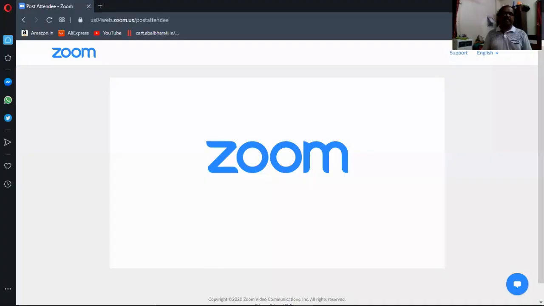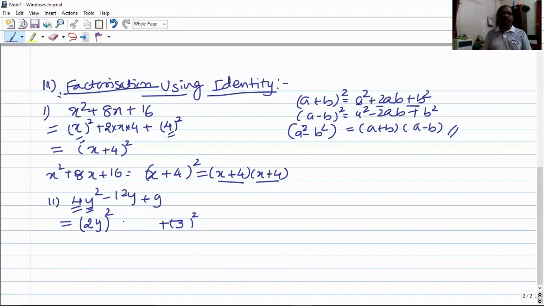So I can say that a square is (2y) square and b square is 3 square, meaning a equal to 2y and b equal to 3. Can I write this 12y as 2 into 2y into 3? What is the product of 2 into 2y into 3? Is it 12y? 2 into 2 is 4, 4 threes are 12, so it is equal to obviously 12y. Since the middle term is negative, I write minus 2ab.